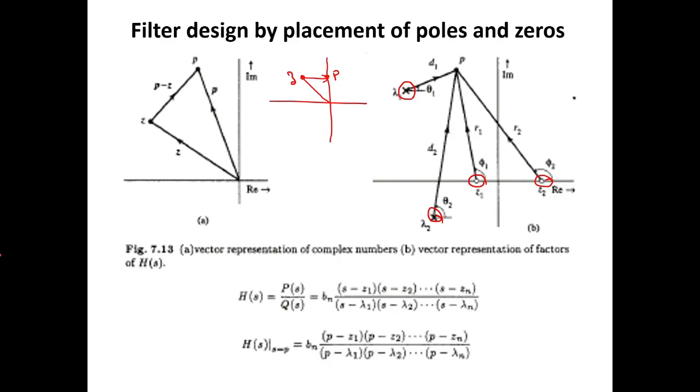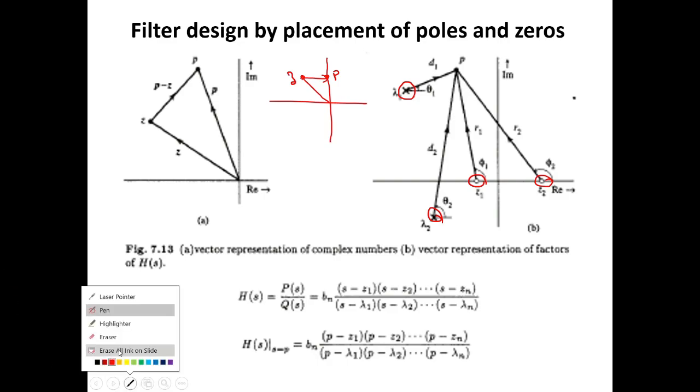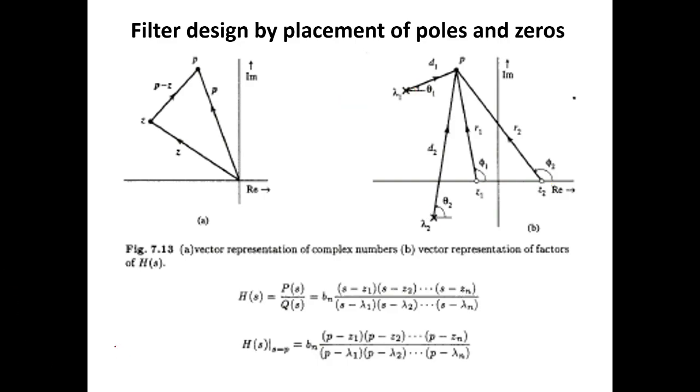Now, there is a very interesting observation over here. If you see the poles, they are on the left hand side of the imaginary axis, whereas the zeros are present on both sides. Now, what does that mean? There is a reason. So, what is the reason?